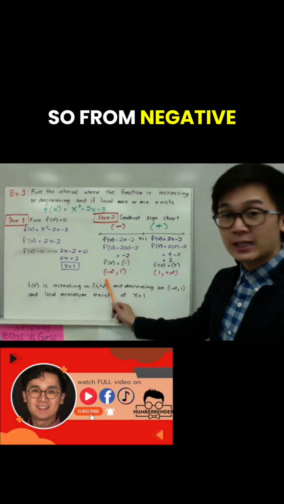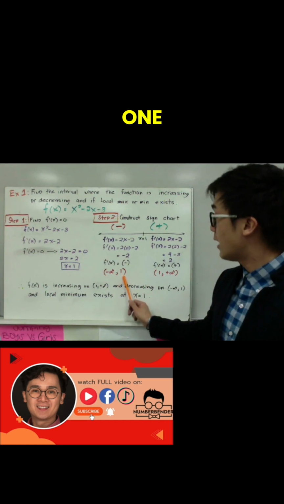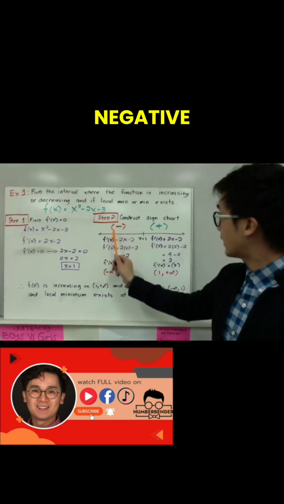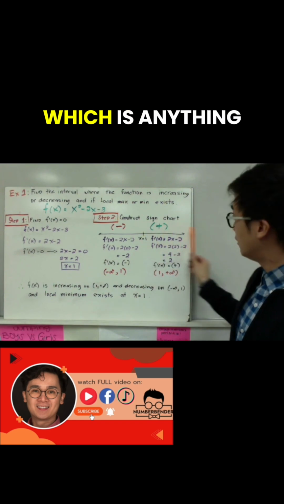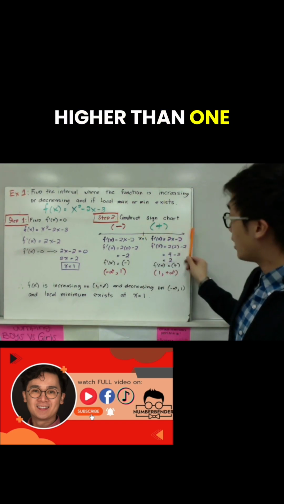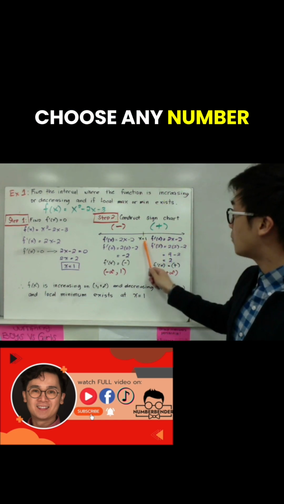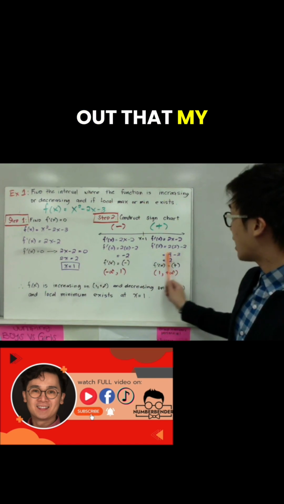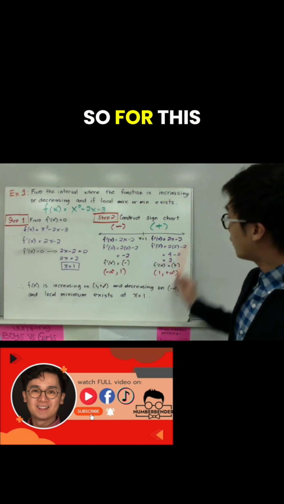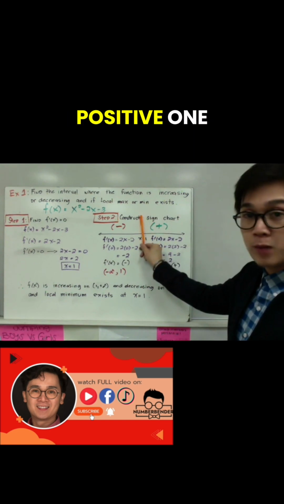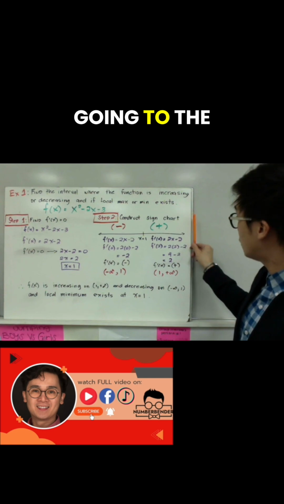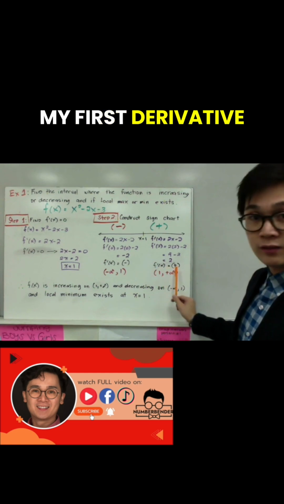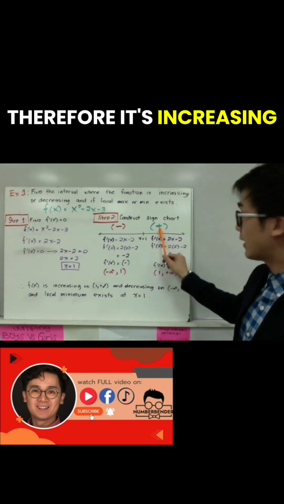So from negative infinity to positive 1, the function is decreasing because the derivative is negative. For my second interval, anything higher than 1, I choose a number more than 1, in this case 2, and I found that my value is positive. So on the interval from positive 1 to positive infinity, the first derivative is positive, therefore the function is increasing.